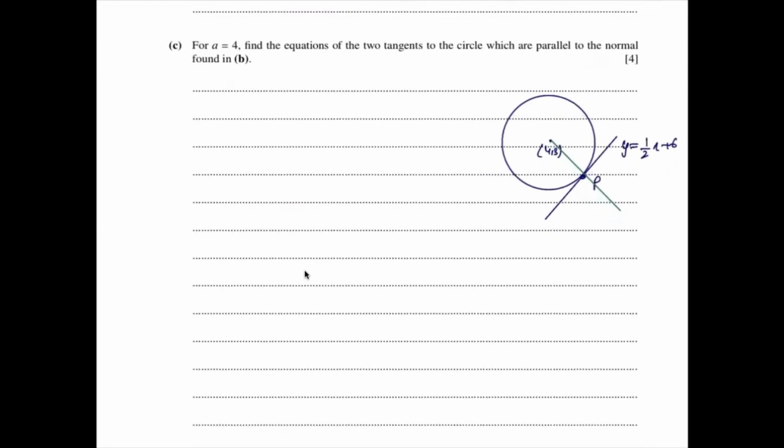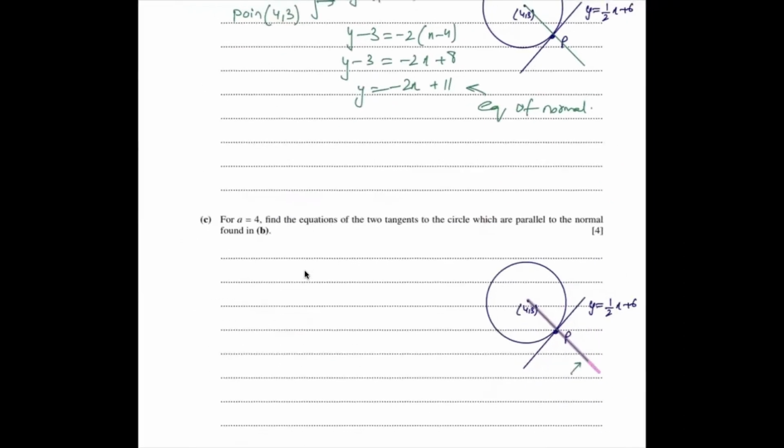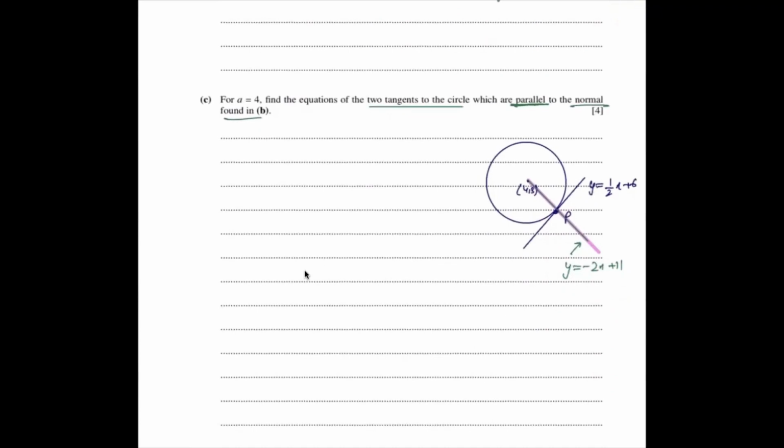We have the equation of the normal now. The equation of the normal line is y equals negative 2x plus 11. We need to find the equations of the two tangents to the circle which are parallel to the normal.